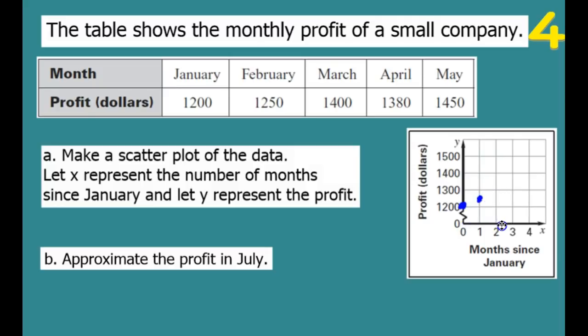In March, it was 1,400, so it makes a pretty big jump. April, we have 1,380, so a little bit less than 1,400, but not much. And in May, 1,450, so halfway between 1,400 and 1,500.